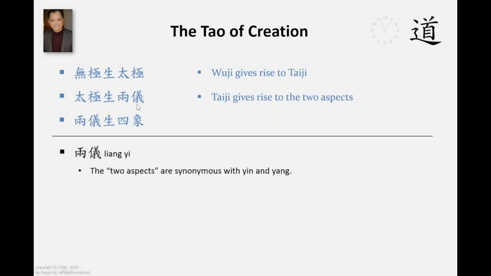So again, we have the 2 aspects at the end of line 2 going into the beginning of line 3. So 两仪生四象. Okay, well, what is that? A new term. Let's take a look. We can see, first of all, that when we depict 太极生两仪, we have a circle as a symbol for 太极, the ultimate, going into the yin and yang symbol, which is 两仪, synonymous with the yin and yang.